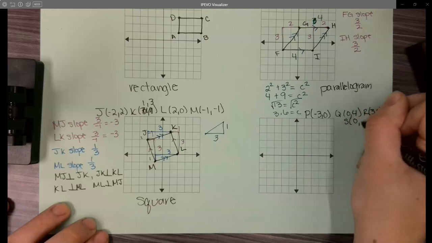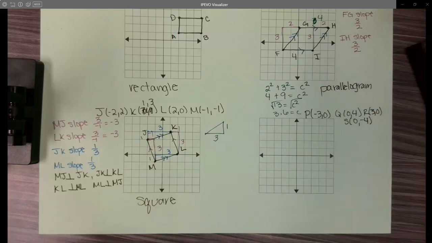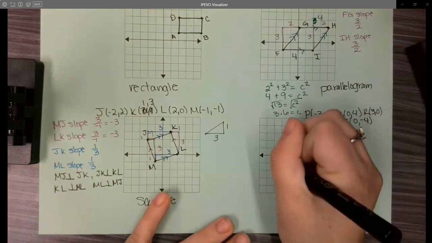And S is 0, -4. Okay, then I want to go ahead and graph.